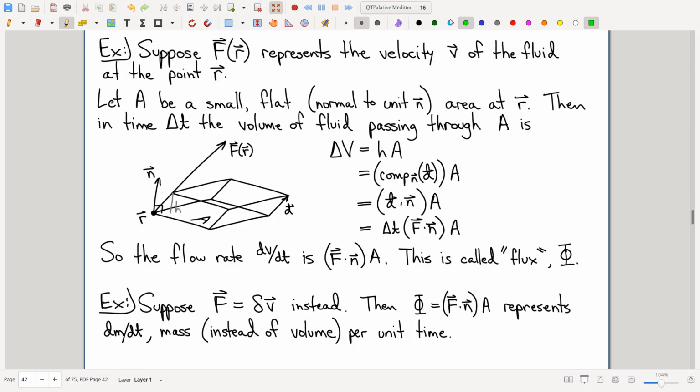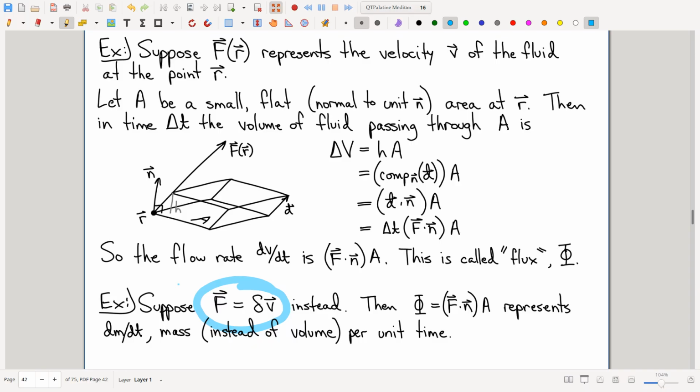Now let's ask the question: suppose your field vector no longer represents velocity. New scenario: suppose your field vector is, this is going to seem weird, fluid density times velocity. What an odd choice. You get why velocity would make sense, because that's what the fluid is doing.